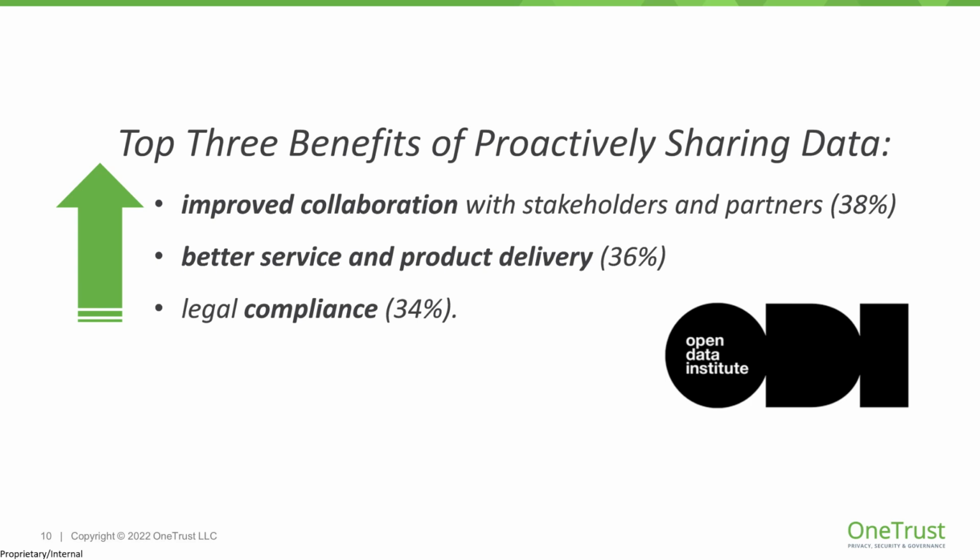The ODI recently completed a survey across UK businesses and found that only about 27% of those surveyed are sharing data proactively. This is the sum across both internal and external stakeholders. For those who reported proactively sharing data, the top three benefits were cited as improved collaboration with stakeholders and partners, 38%, better service and product delivery at 36%, and legal compliance at 34%.